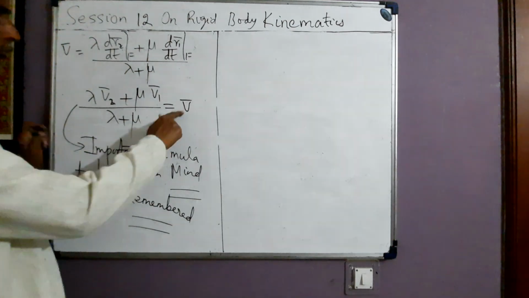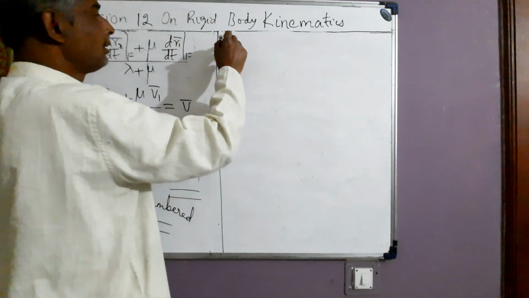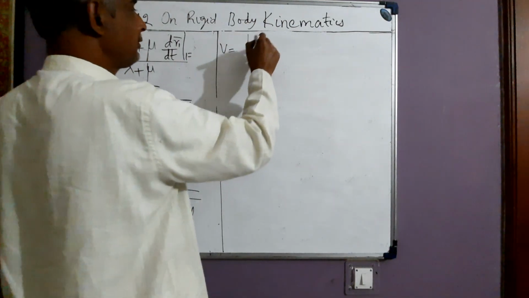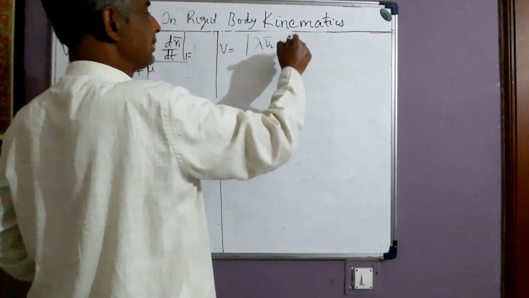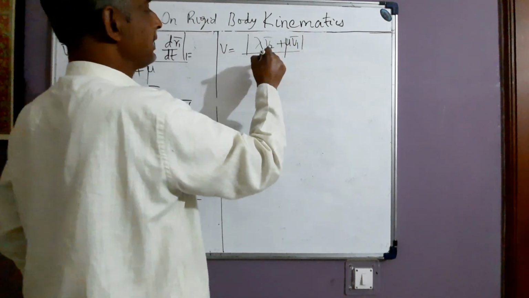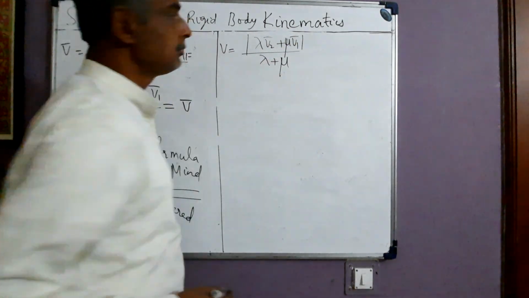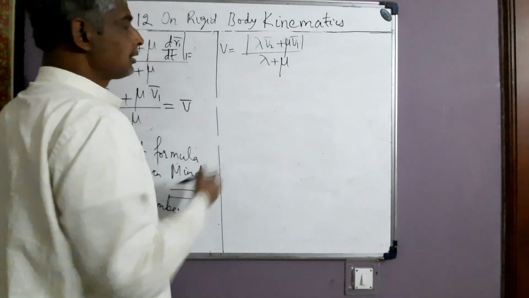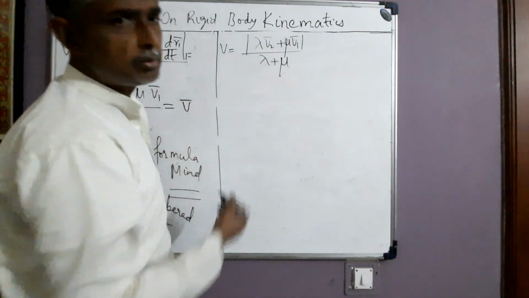So, if we are told to find the magnitude of V, that is just the mod of lambda V2 plus mu V1 by lambda plus mu. The lambda and mu are positive, so this comes outside the modulus.